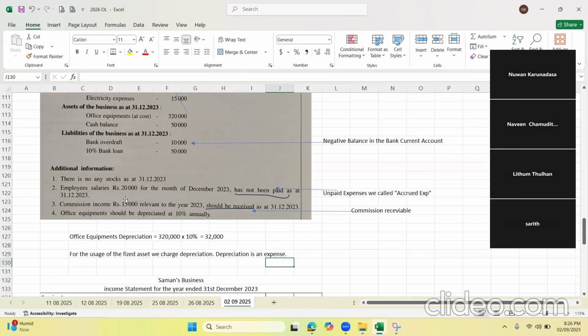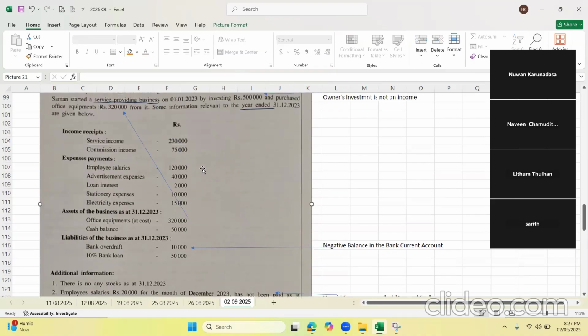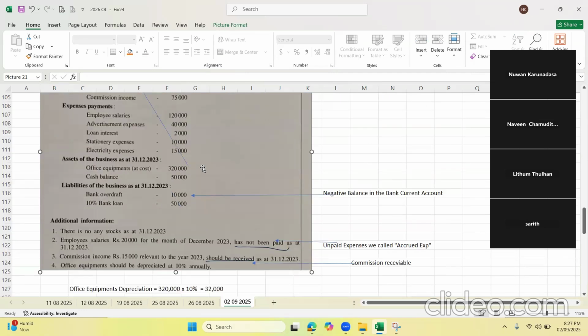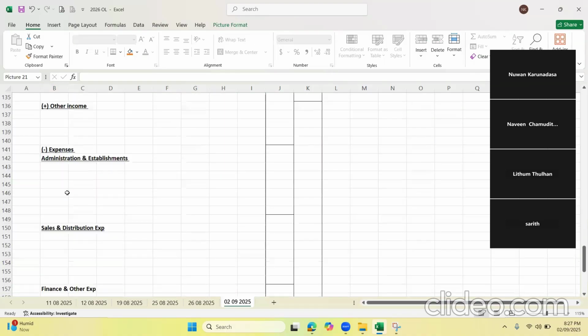Second one, employee salary of 20,000 for the month of December 2023 has not been paid as at 31st December 2023. The salaries paid amount is 120,000, and the unpaid salary is 20,000.